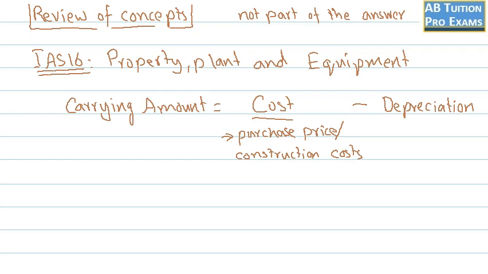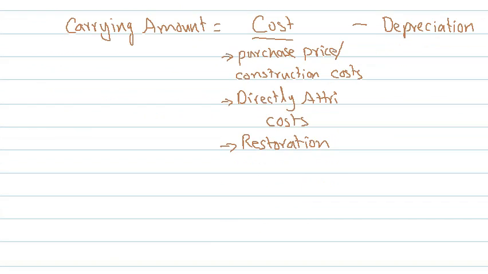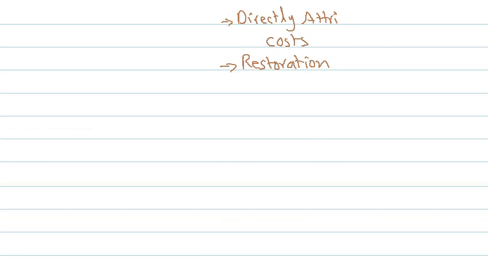Then we need to take care of directly attributable costs, and we also need to take into consideration restoration costs. Restoration is that you have an asset now, so this is your year 0. You are planning to use this asset, say, for 10 years.